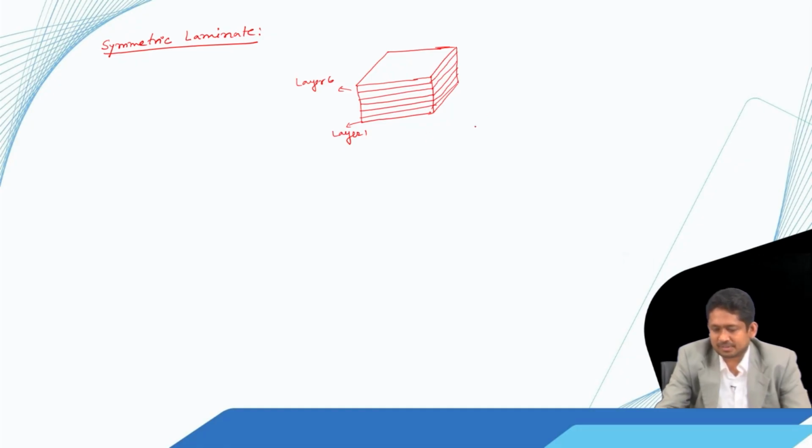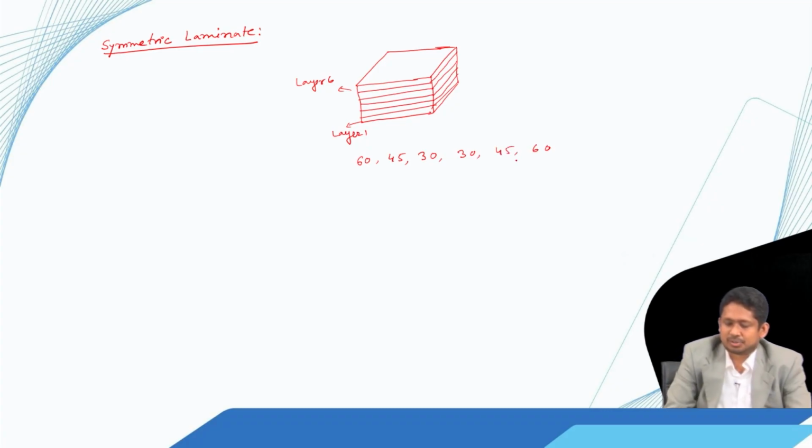So, here say the lamination sequence is such that we have 60 at the bottom, and then we have 45, and then we have 30, then 30, 45, 60. So, here what we see is with respect to this midline of the laminate, if we just go up the layer above it, the fourth layer, that is for 30 degree, and then just immediately below that we have 30.